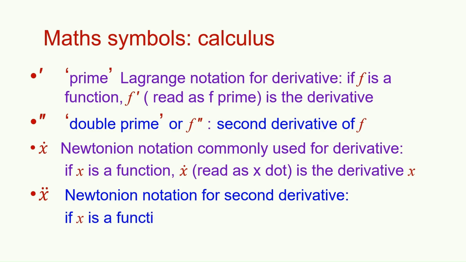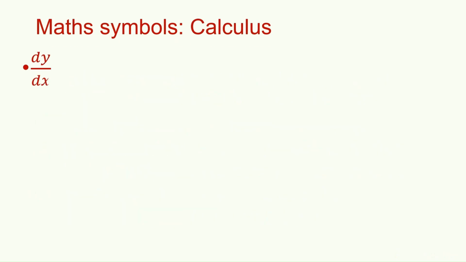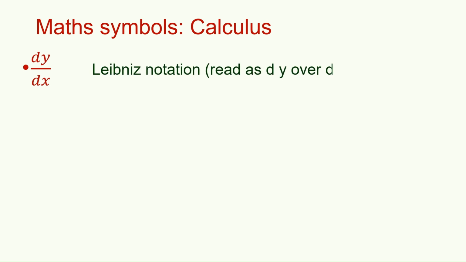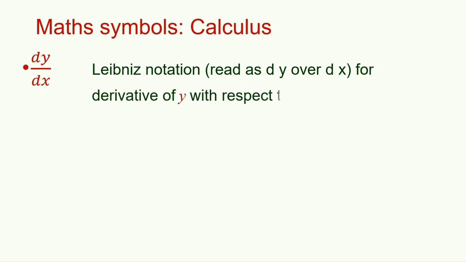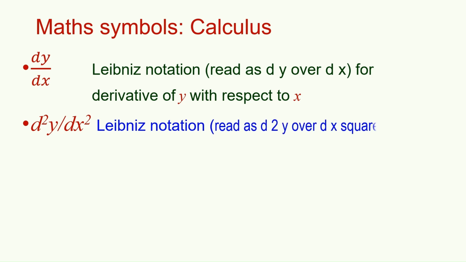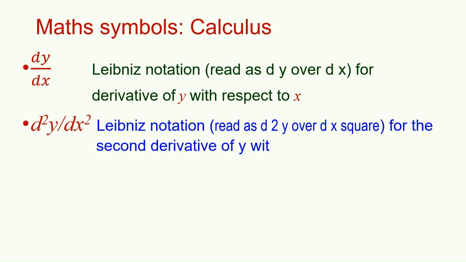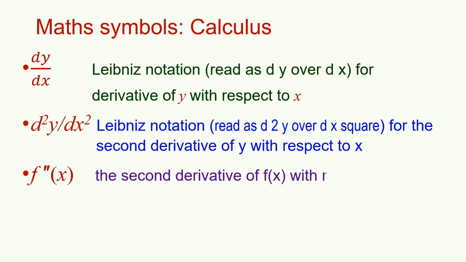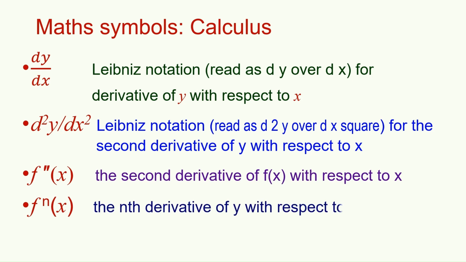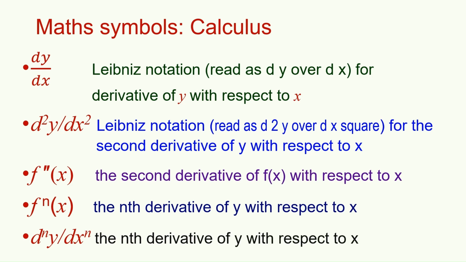If x is a function, x double dot is the second derivative of x. dy over dx is a Leibniz notation for the derivative of y with respect to x. d squared y over dx squared is a Leibniz notation for the second derivative of y with respect to x. f double prime of x is the second derivative of function f of x. f superscript n of x, and d superscript n y over dx superscript n, denote the n-th derivative of y with respect to x.